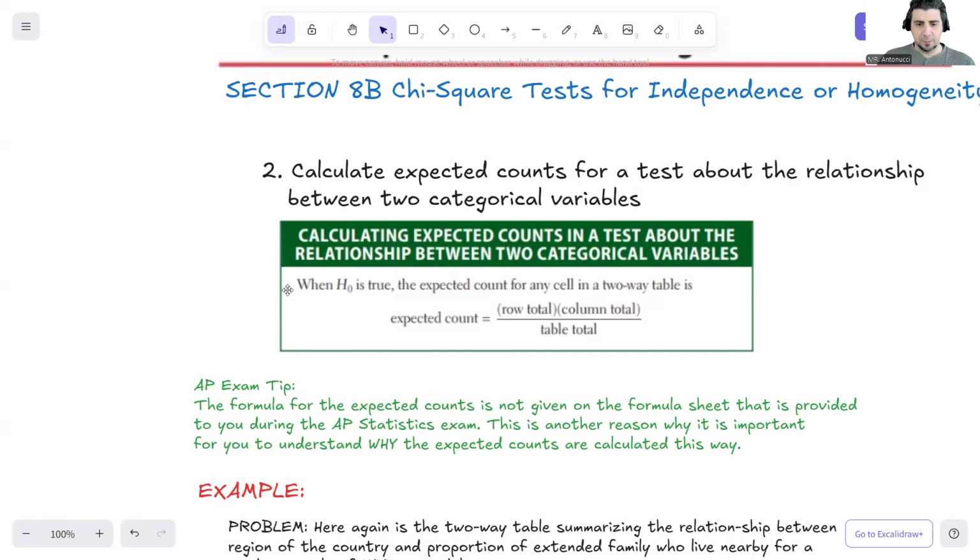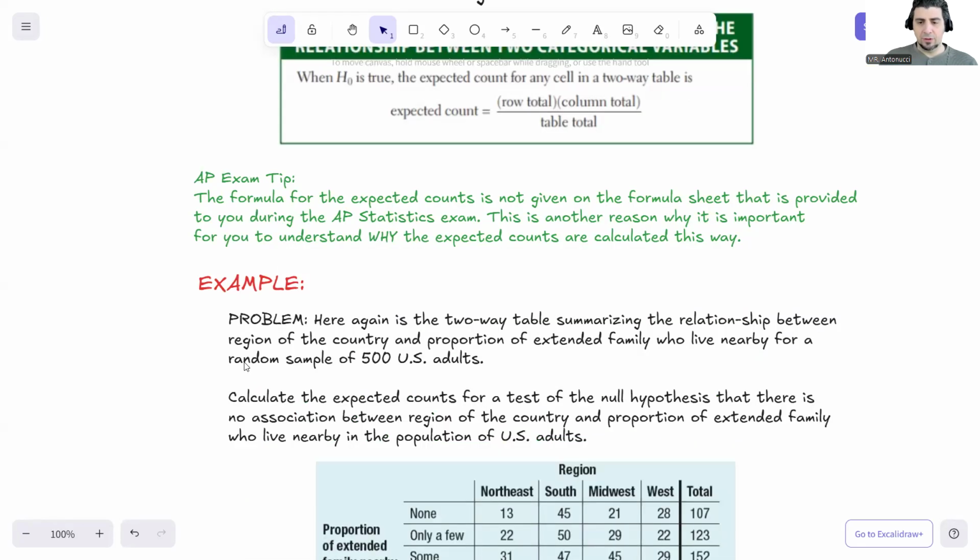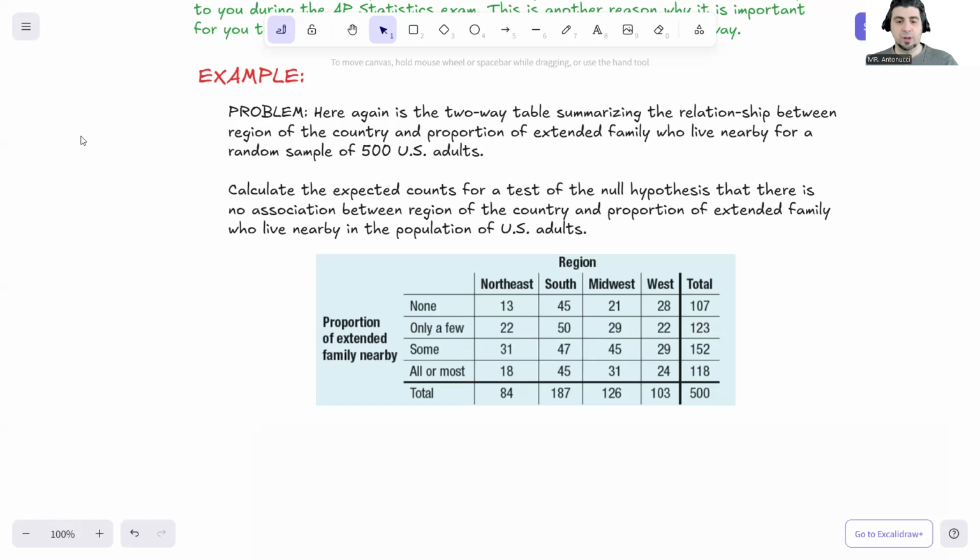Here's our example. We have the two-way table summarizing the relationship between region of country and proportion of extended family who live nearby for a random sample of 500 adults. Now we want to calculate the expected counts for a test of the null hypothesis. So here is that table of values again.